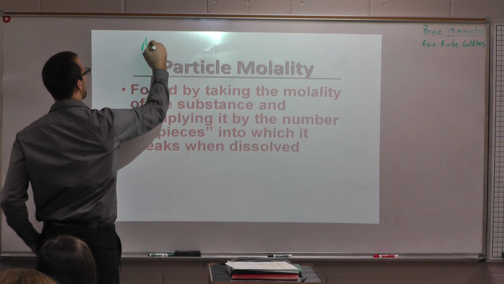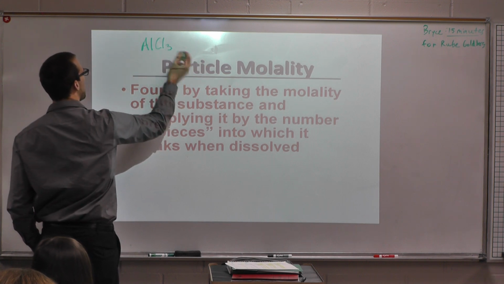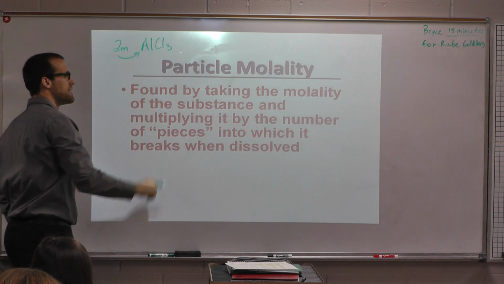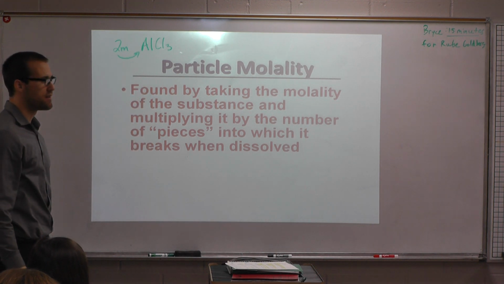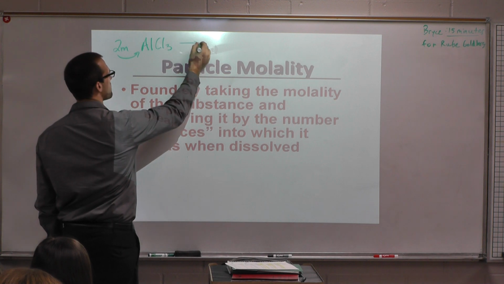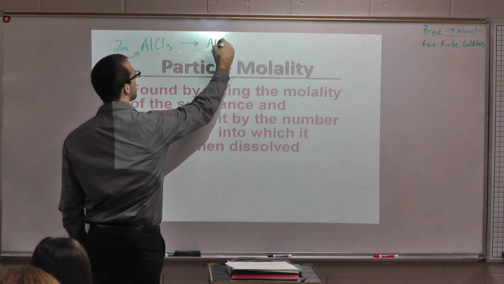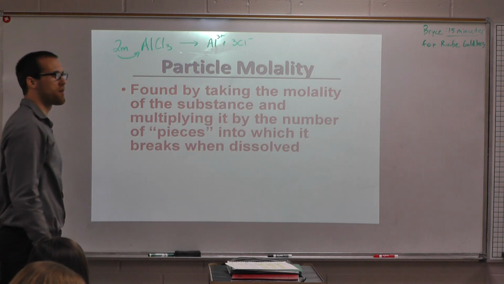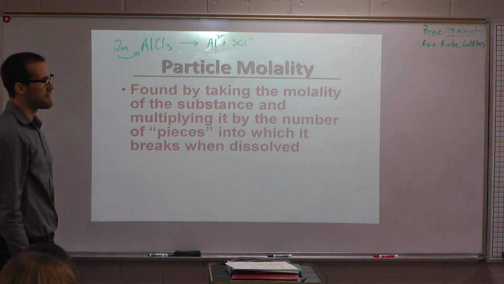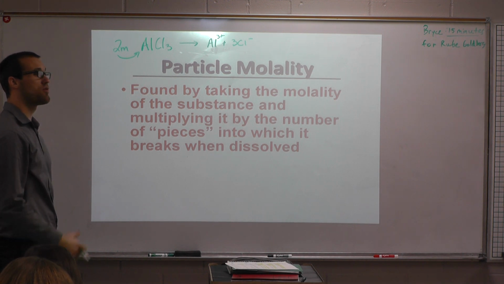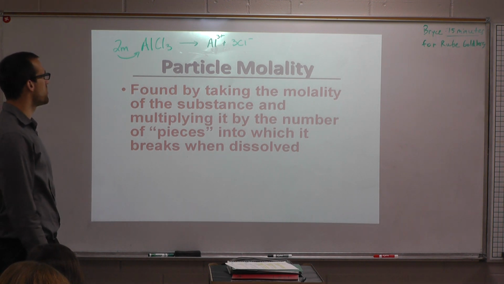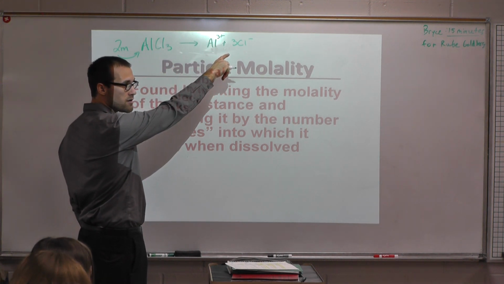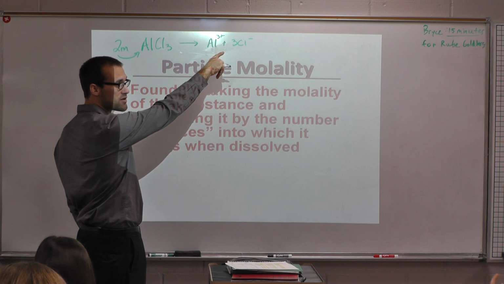So if I have AlCl3 and I have a 2 molal solution of that, this is going to break up into how many particles? It's going to break up into 4 particles, which means that the particle molality, or the total number of pieces you have in solution, would be 2 times 4.